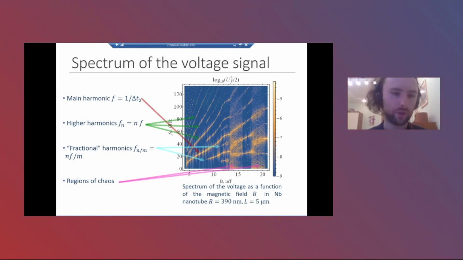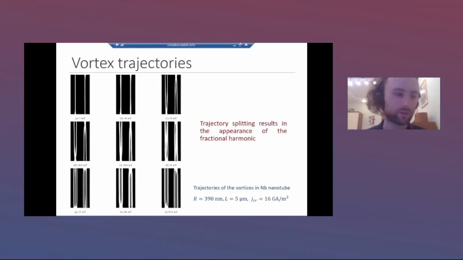However, at some point of the magnetic field, we have fractional harmonics and a region of chaos. These fractional harmonics are, for example, a half of the main harmonic or 1/3 or 2/3 and so on. And our question is, why do these fractional harmonics appear?